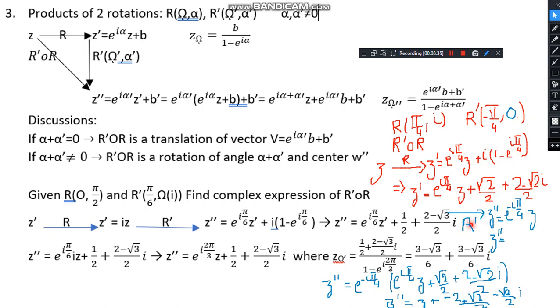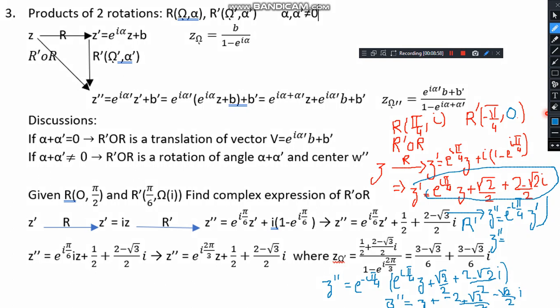Then you have R prime, center 0, so it's E^(minus I pi over 4) Z. And if you replace Z prime, this whole Z prime here, you're going to get this one. If you expand, you're going to get Z double prime equals Z plus minus 2 plus radical 2 over 2 minus radical 2 over 2 I.